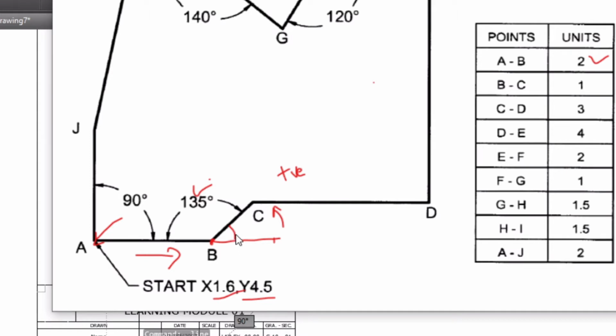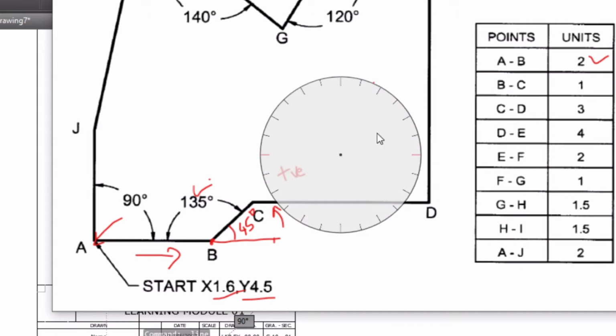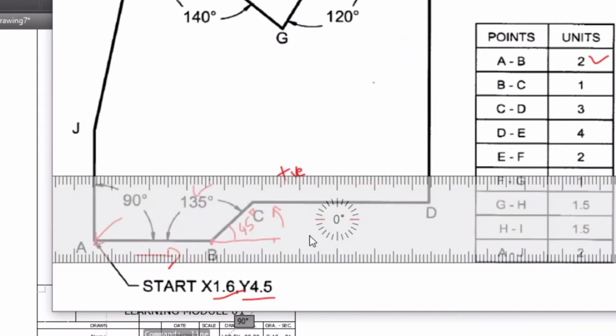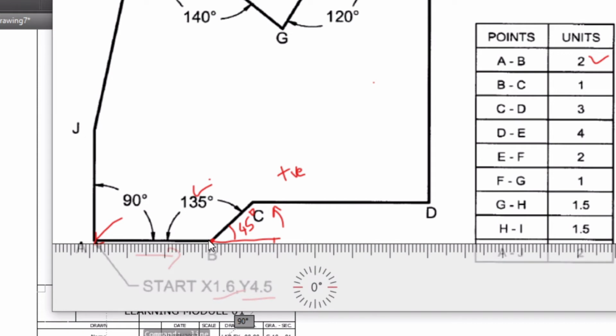This will be 180 minus 135, which is nothing but 45 degree. So the reason that we found the 3 o'clock line is, if you take the 3 o'clock line and if you move in the clockwise direction, this angle will be 45 degree. So what I am saying, AutoCAD always takes your angle from the 3 o'clock line towards the counterclockwise direction if you put positive, towards the clockwise direction if you put negative.